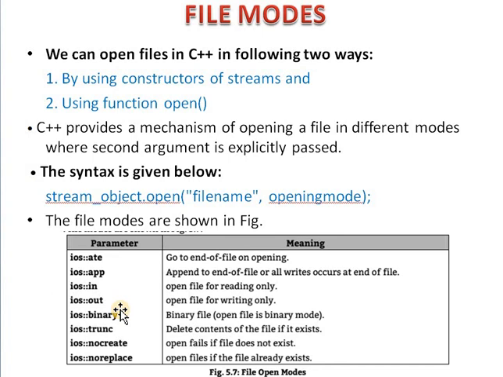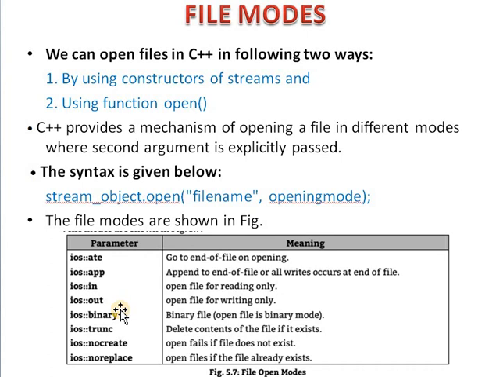The next, ios::binary, where we want to read or write a binary file. At that time the binary mode is specified. Next, ios::trunc. It is a default mode in which a file is opened for output.